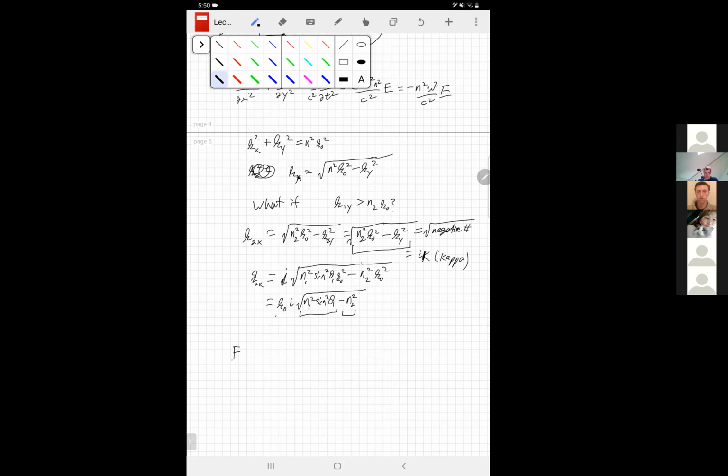Well, that means that E2 is e to the i times i kappa x plus n sine theta k naught y minus omega t, or e to the minus kappa x e to the i times n k naught sine theta y minus omega t. Any questions on the procedure so far?